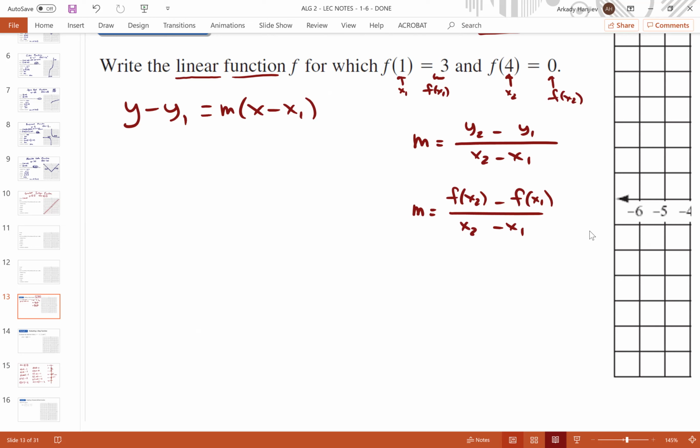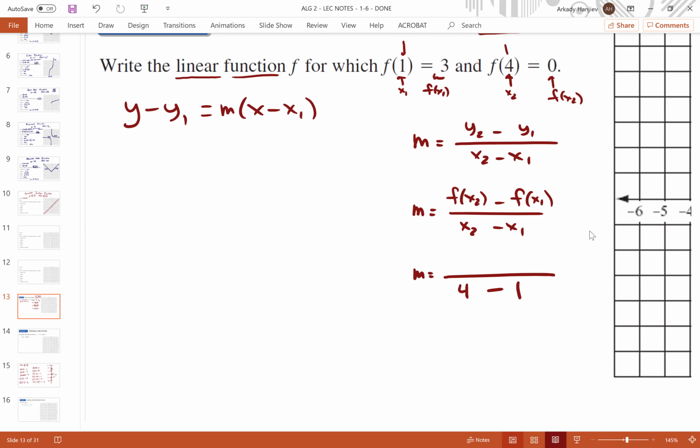Again, it's just learning the notation of functions here. Ready? So our slope is, and I like to write the x values first because it totally makes sense to me this way. So it's going to be 4 minus 1, because those are the x values, the stuff I'm plugging in.